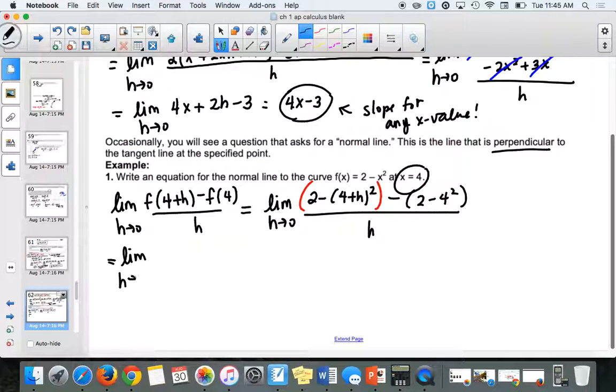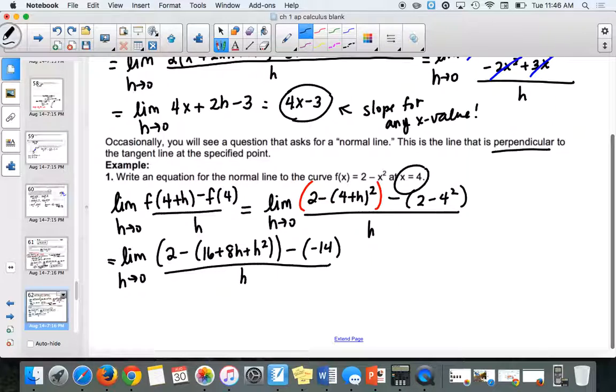That's the entire f of 4 all over h. So we get the limit as h goes to 0. We're going to have 2 minus, and I'm going to keep it in parentheses because I'm going to FOIL the 4 plus h, and I want to do 2 minus that entire FOILed part. So I'm going to have 16 plus 8h plus h squared. And then I'm going to have minus, what about the 2 minus 4 squared? Negative 14, so it's minus a negative 14 all over h. We continue simplifying.